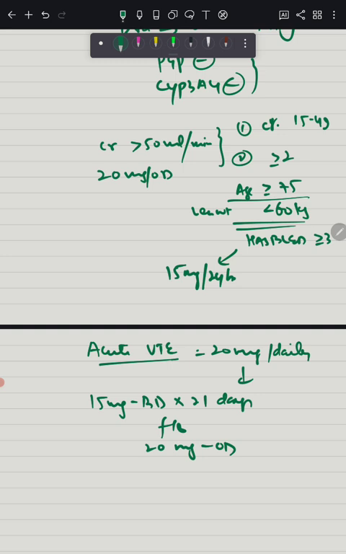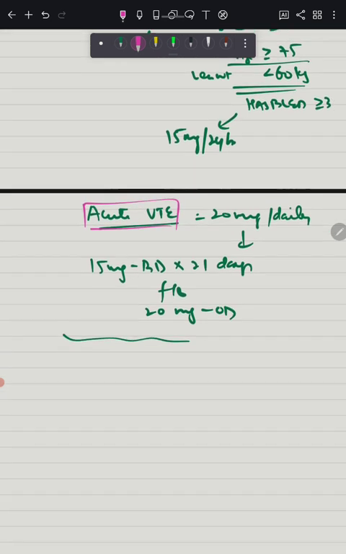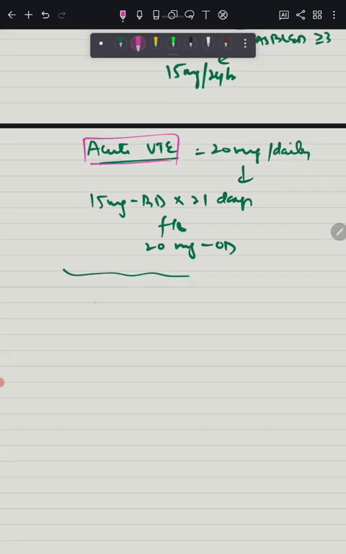And this is for treatment of acute VTE, acute venous thromboembolism. Now, if a patient has undergone knee or hip replacement, then for knee replacement there is treatment for 14 days, and for hip replacement 30 days, and the dose is the same, that is 10 mg OD.